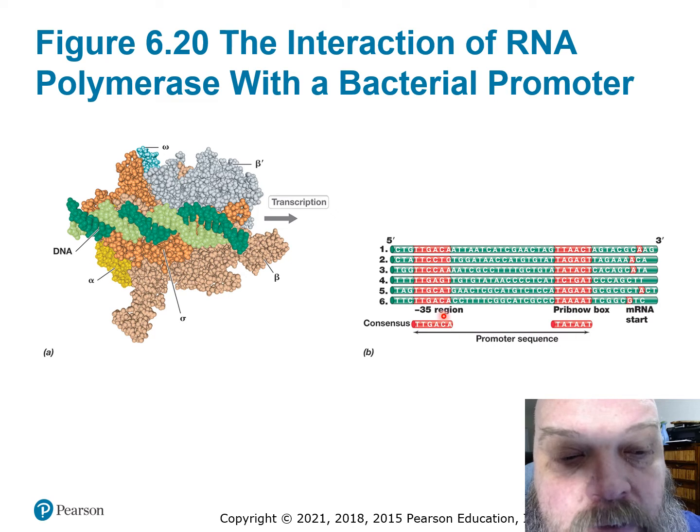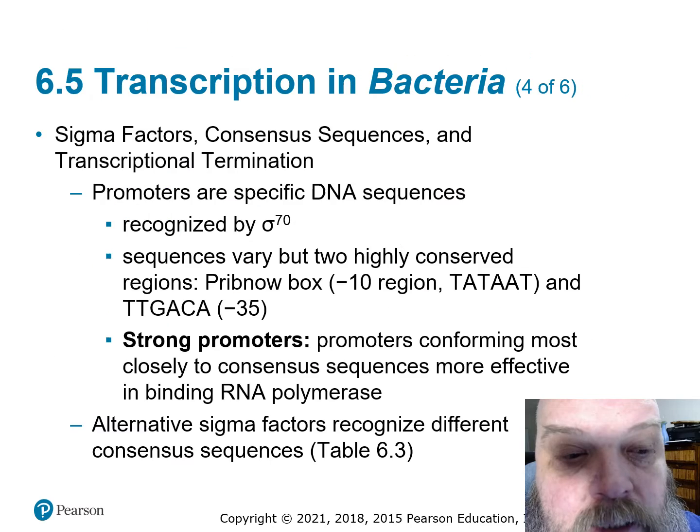And then at -35 upstream, so 35 nucleotides up, you're going to have another promoter region. These two promoter regions are where a lot of the initiation factors and transcriptional activators will bind and interact.